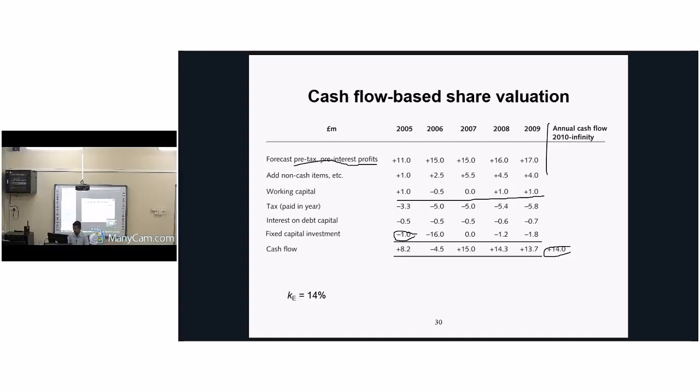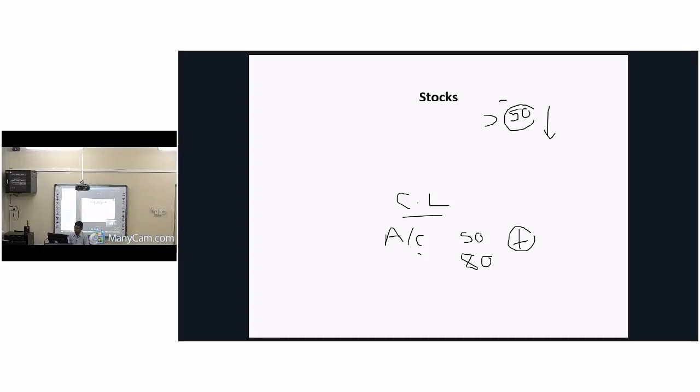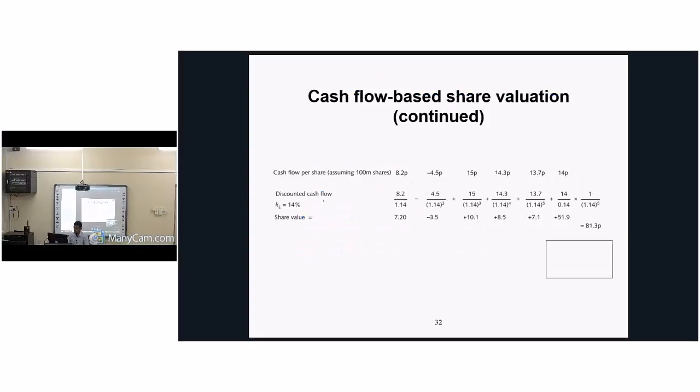Now let's account for the next one. Right, now as you can see, we have got the cash flows from the previous calculation, and now we have discounted. Why? Our discount factor was 14%. So we have discounted at 14%.